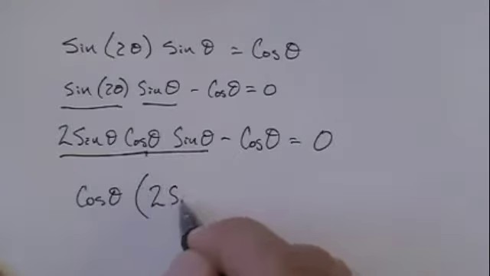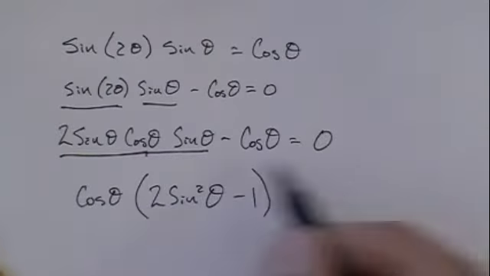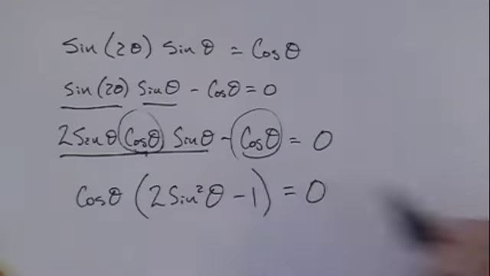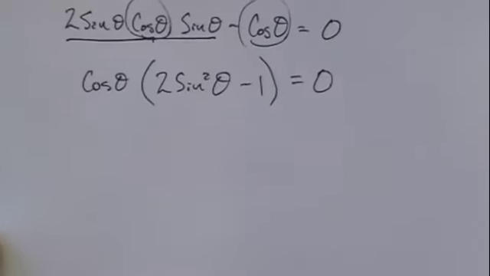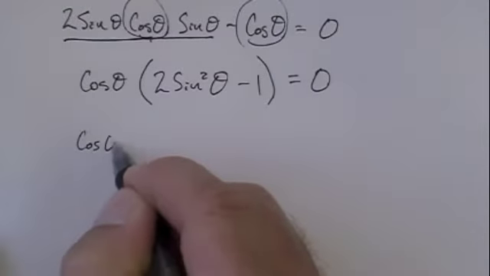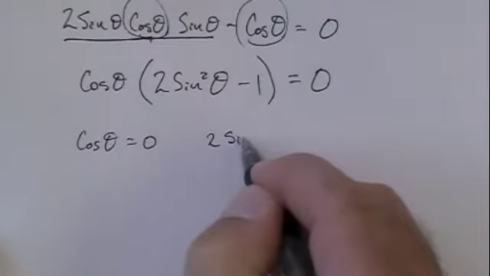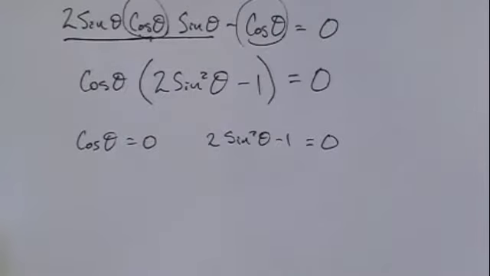So now we have 2 sine squared theta minus 1 when we factor out the cosine here and here. And this is all equal to 0. So now we have our two quantities. From this, we can set each quantity equal to 0 and then solve. So we're saying that cosine theta equals 0, or 2 sine squared theta minus 1 equals 0. And now we solve for theta in each of these.